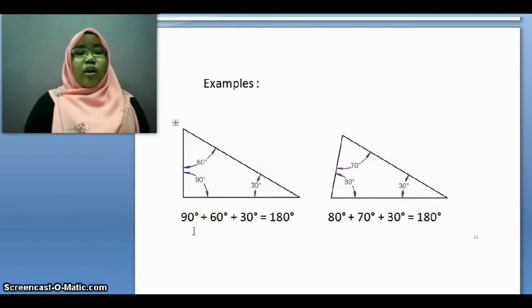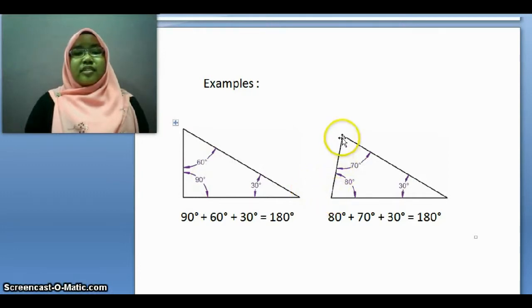Sum all the angles: 60, 90, and 30. It will equal 180 degrees. As I said, the interior angles of a triangle will be 180 degrees.